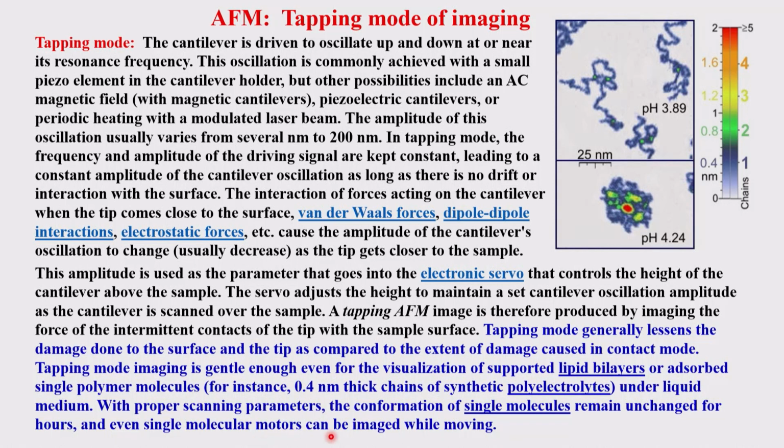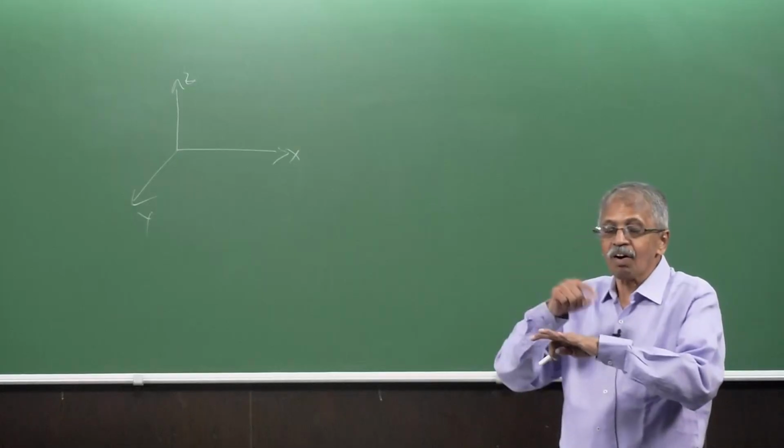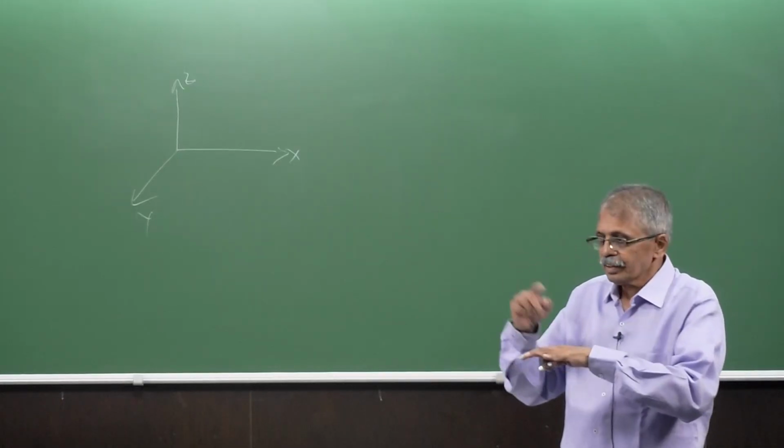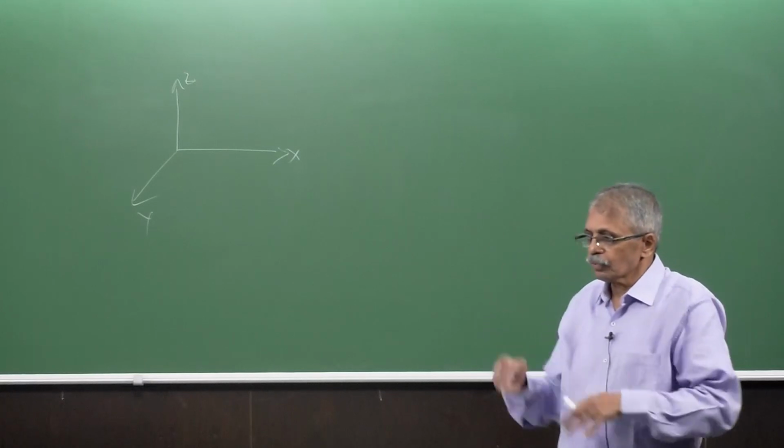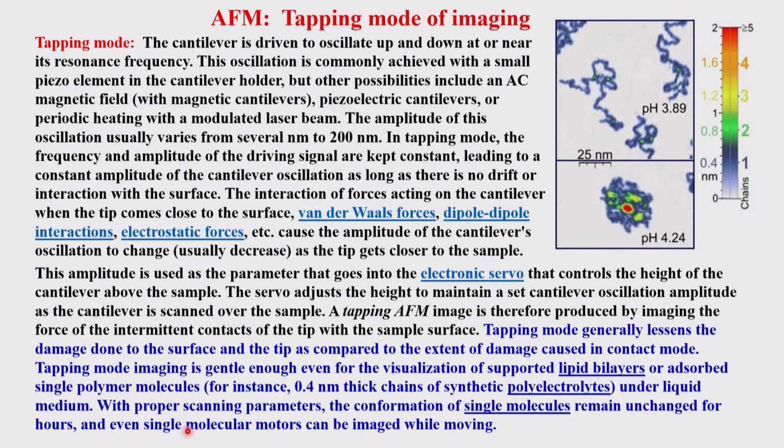With proper scanning parameters, the conformation of single molecules remains unchanged for even hours. The tip is not going to hit the molecule as such, but it still gets the feel of those things. So single molecular motors, all these things can be imaged by using the tapping mode, as compared to the contact mode.